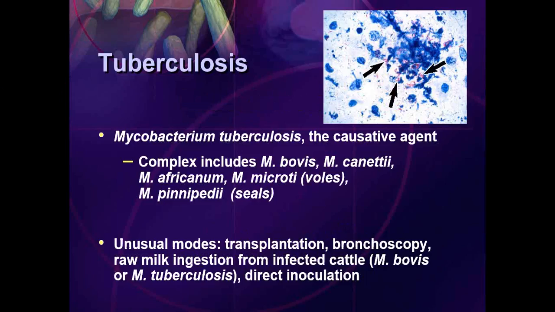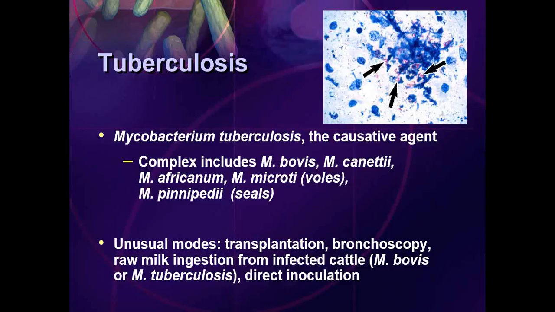So TB, just to remind you, in the upper picture there is a bunch of cells with little red snappers. Now, I'm colorblind, so this means nothing to me, but other people apparently can see those little red snappers. Those are TB bacilli. So what is MTB? Well, it's really a complex of species that includes MTB, which is the human pathogen, but also includes the human pathogens Bovis, Canettii, and Africanum.